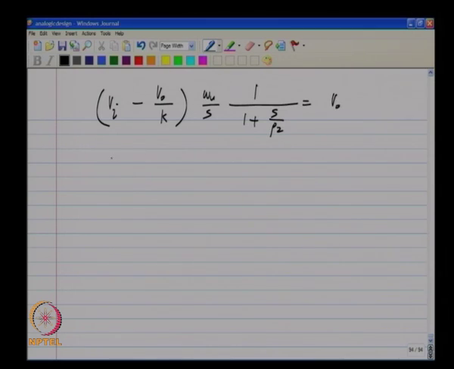And I will just rewrite this. I get this by moving this part to the right hand side. I also take this part and move it to the right hand side. Okay.